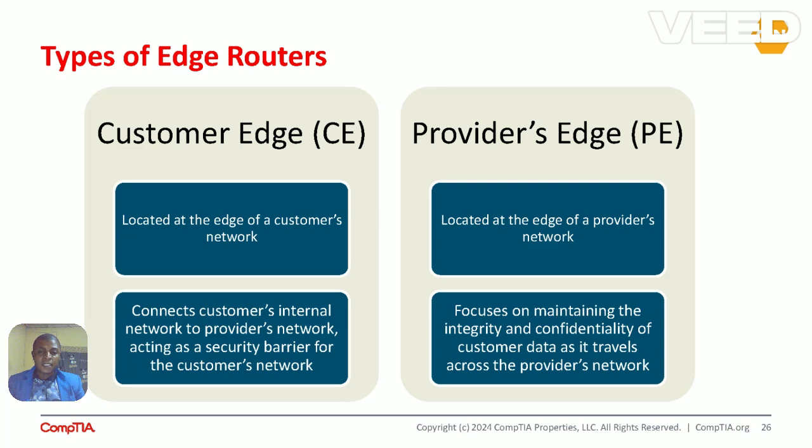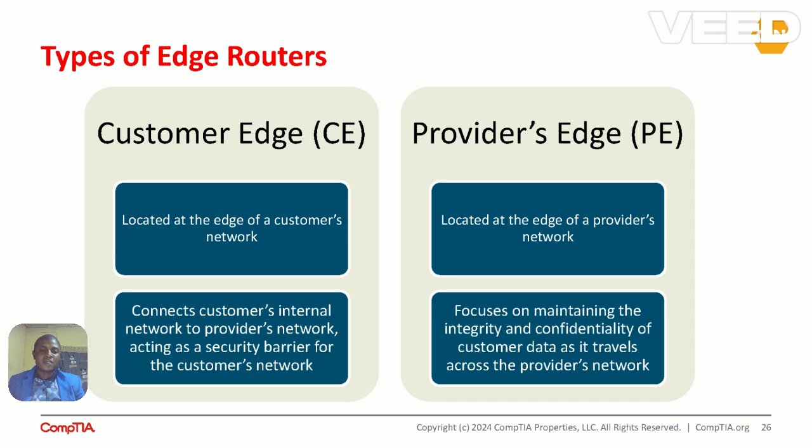Number two, it connects the customer's internal network to a provider, which is the ISP network, acting as a security barrier for the customer network. That one is meant for a small network, like a small office or home office.